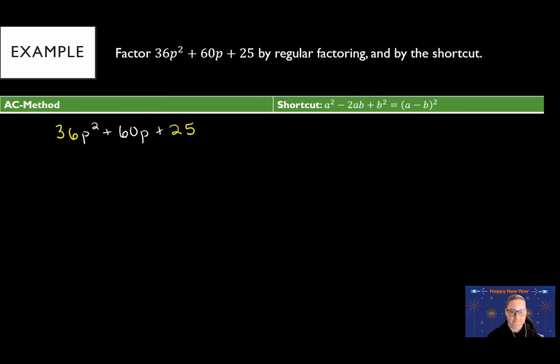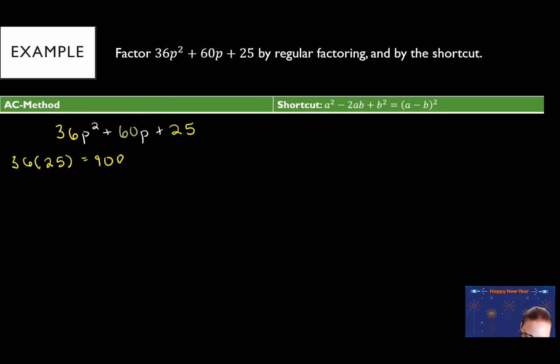I'm definitely getting a calculator for that. So 36 times 25 gives you 900. And then you are trying to find two numbers that multiply to 900 and add to 60 here in the middle.